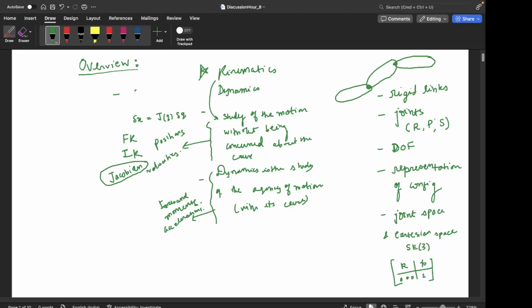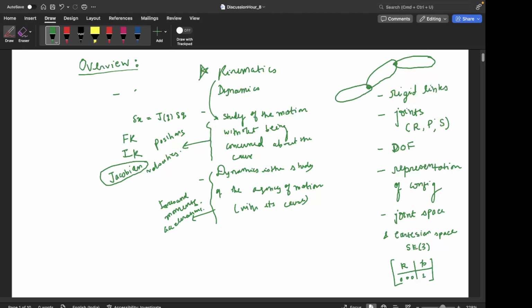So the Jacobian relates that if I change the angles by a small amount, then what is the change in the position that I would expect for that point. And more often than not, that point is the end effector, which we are interested in.